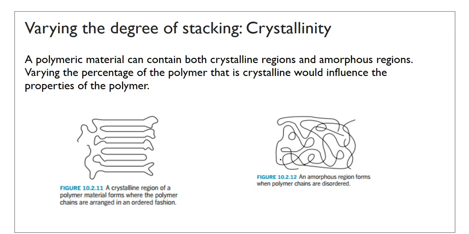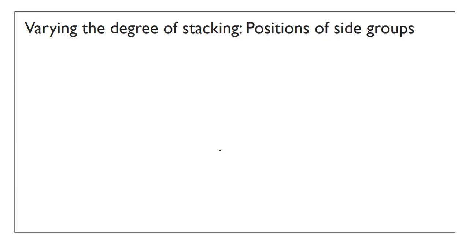So you can control the percentage of the polymer that is crystalline, and that will affect the level of hardness as well as the level of transparency that the material can have. And by varying the percentage of these two, you can create a really wide range of materials from the same starting material.